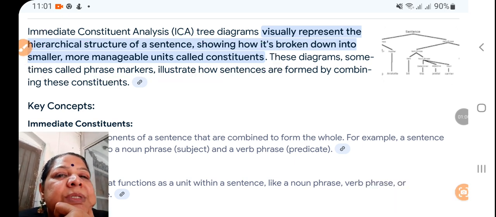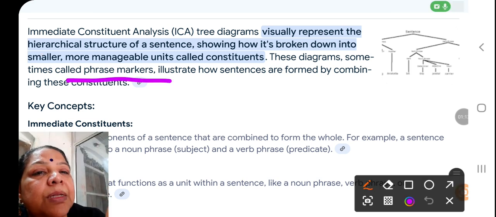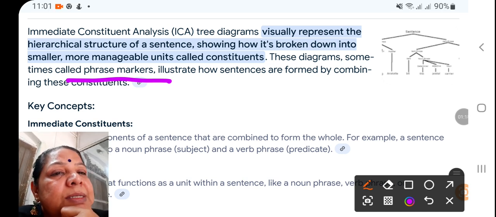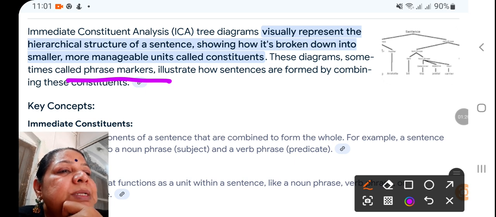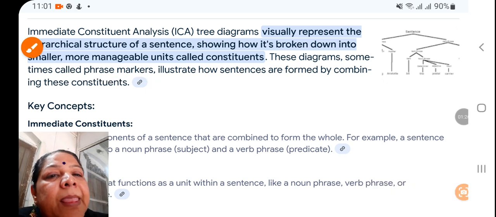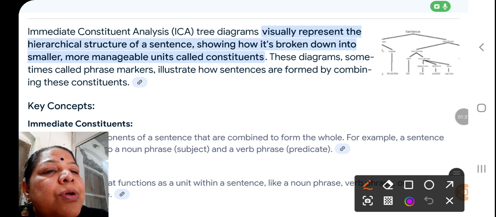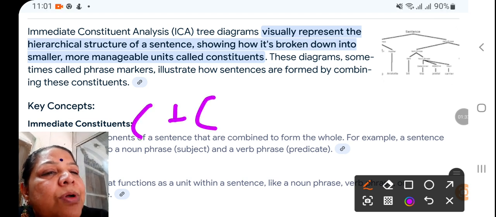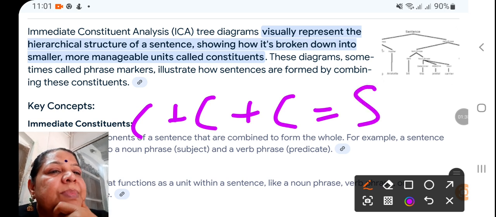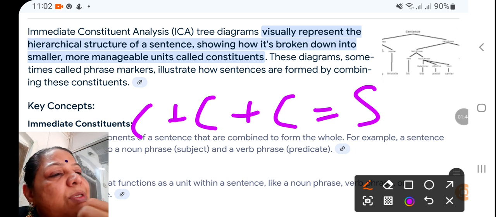These diagrams, sometimes called phrase markers, please note down, illustrate how sentences are formed by combining these constituents. You know that a sentence is a combination of constituents, right? So a sentence is a combination of different constituents.